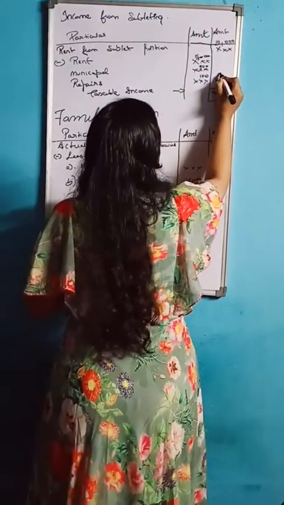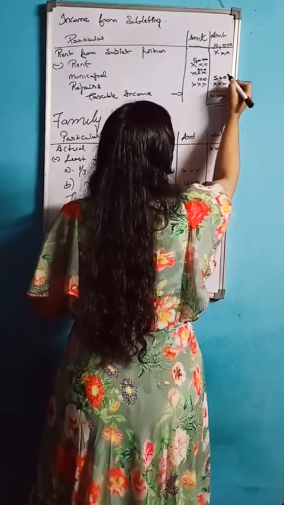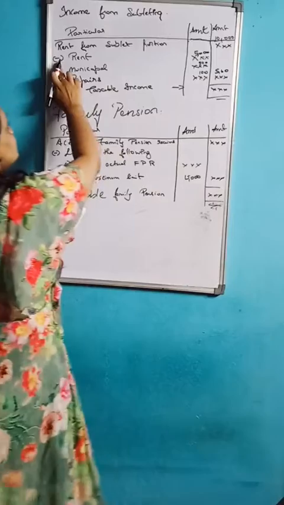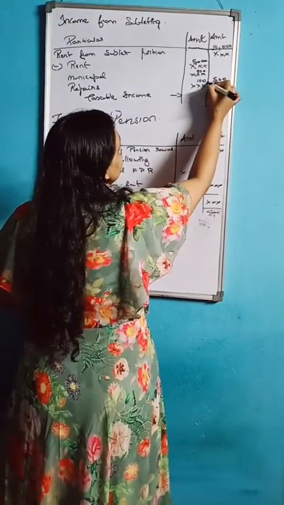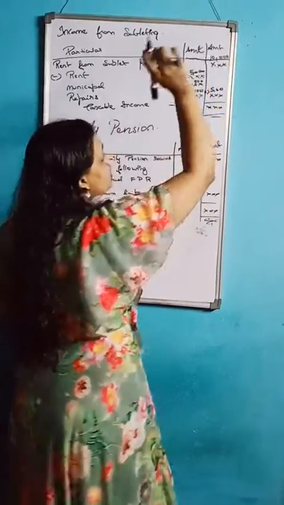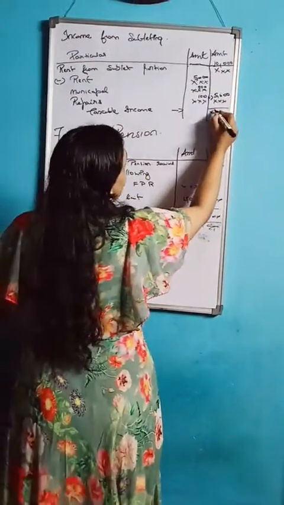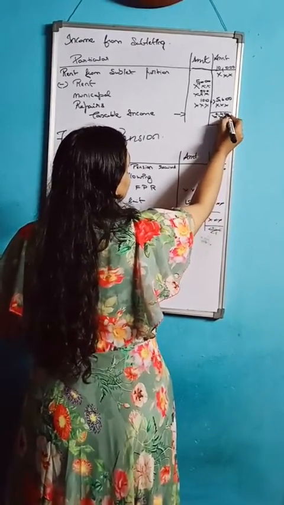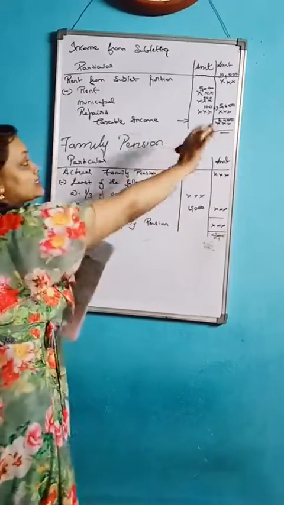Here, in the amount column, 5,600, and you minus it because it is less, so we should minus here. So 10,000 minus 5,600, you will get 4,400.